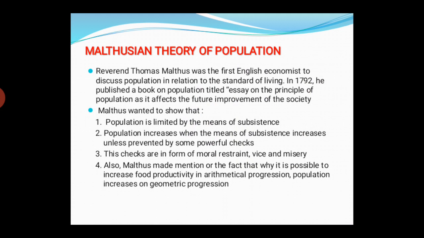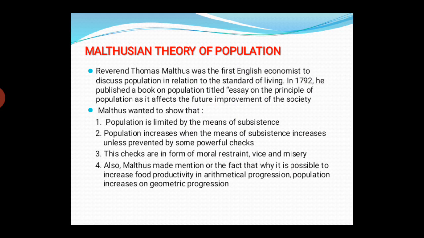Number three, he talked about the checks to reduce population size, in the form of positive and preventive checks. Positive checks come in times of war, crisis, famine and epidemics, like what is happening currently, this COVID-19 pandemic.